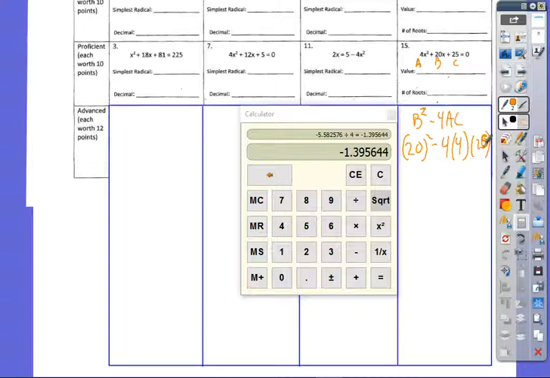So we have 20 squared, which is a nice round 400, minus 4 times 4 is 16, 16 times 25 is also 400. So we have a discriminant of 0. If we have a discriminant of 0, we have exactly 1 real root.